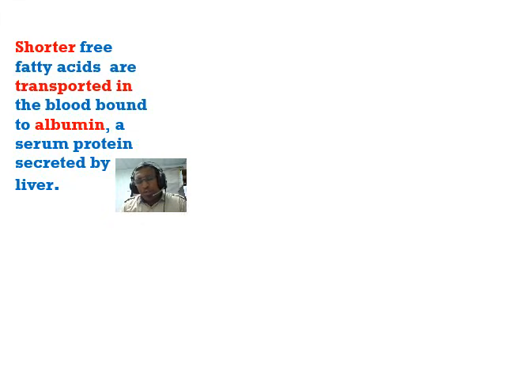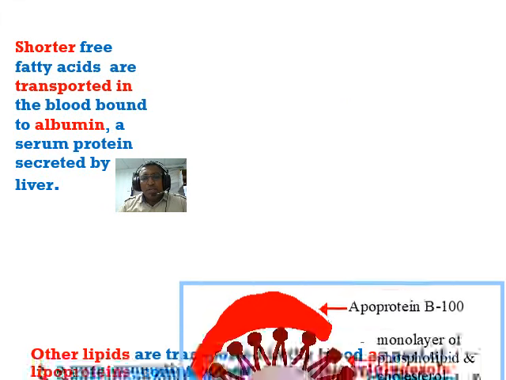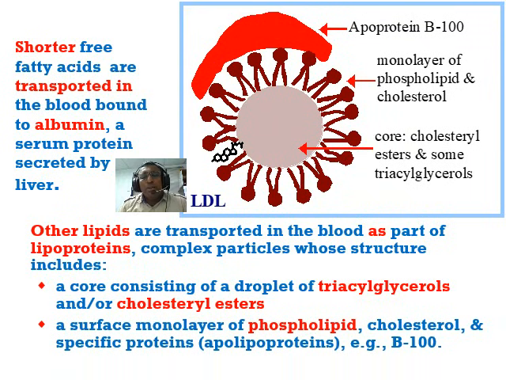If it's a short hydrocarbon chain of fatty acid, no problem. It can just travel through the blood by using the albumin that is found in the blood. Albumin is the most abundant protein in blood, therefore it can just bind to it. But when it's a longer fatty acid, like 18 carbon, then it needs a specialized transporter.